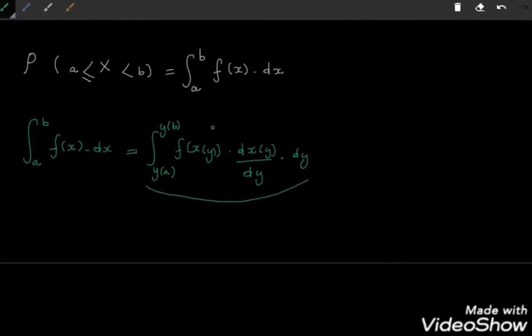So this formula is just to find the integral of some complex integrals using a technique that is called variable transformation or variable substitution. Let me give you an example to understand what I'm talking about.